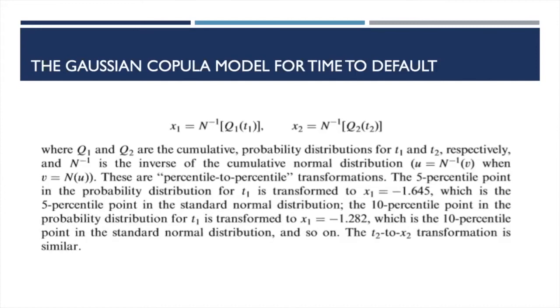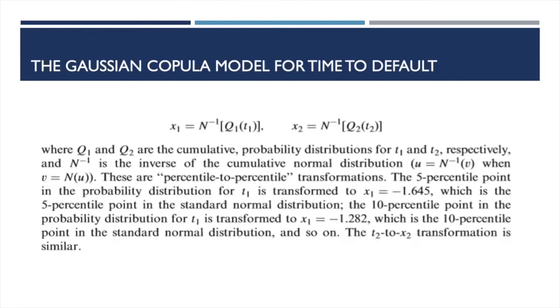The model can be used in conjunction with either real-world or risk-neutral default probabilities. The left tail of the real-world probability distribution for the time to default of a company can be estimated from data produced by rating agencies, while the left tail of the risk-neutral probability distribution of the time to default can be estimated from bond prices using the approach in section 23.4.